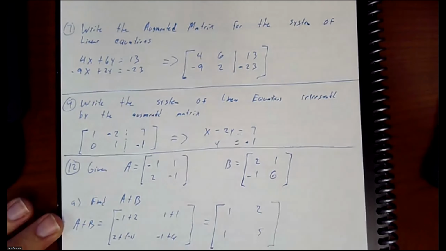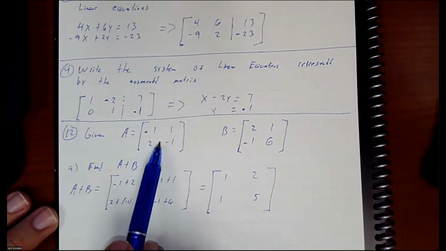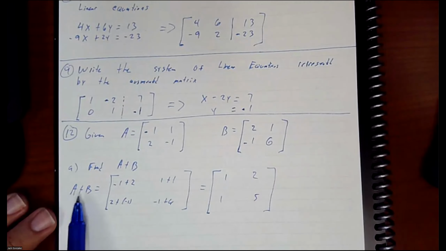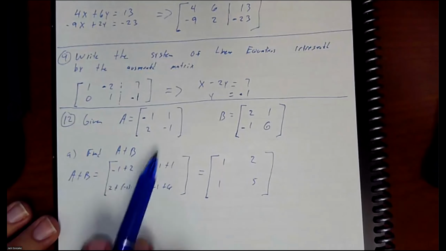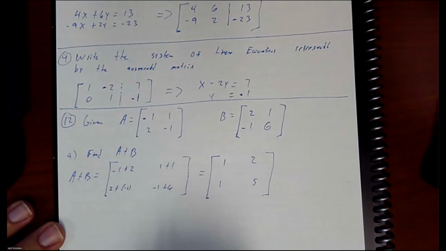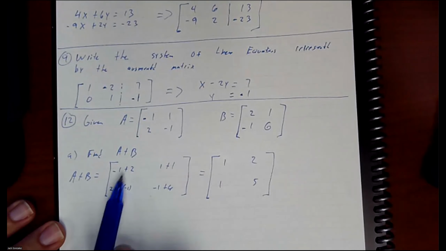You can do this on your calculator if you want to. You'd have to define A and B and then do A plus B. I don't really think it's worth it because they're pretty small anyway. That's up to you. A minus B will be the same, just be careful with your signs.